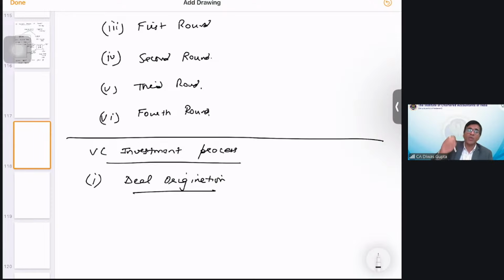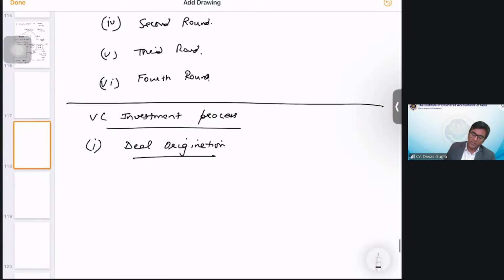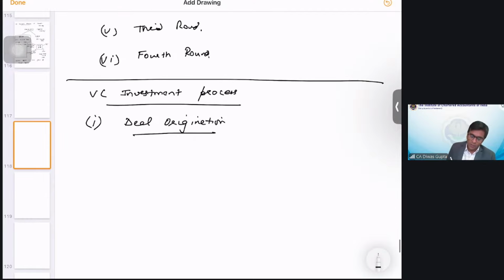Is there a specific turnover focus, right? Here the company would give a detailed business plan which consists of the business model, financial plan and exit plan, right? These are all covered in a document called the investment memorandum. This is a very important document that comes in the first part of the VC investment process, which is called deal origination, students, right?